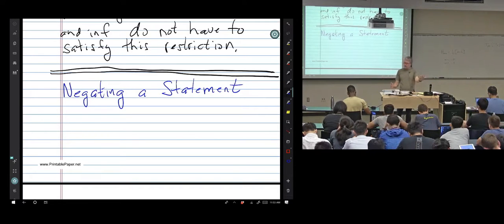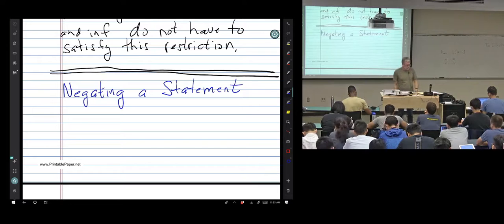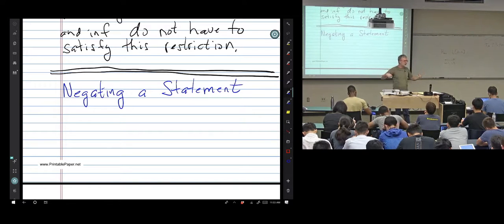Well, if we want to do P implies Q, we might want to do not Q implies not P, or might want to do P and not Q. Okay, there's all sorts of nots showing up in there. We're negating things all the time in our proof technique. So a little practice at that. So we'll start with the most trivial, and then we'll build up to compound things where there's lots of quantifiers and things like that.